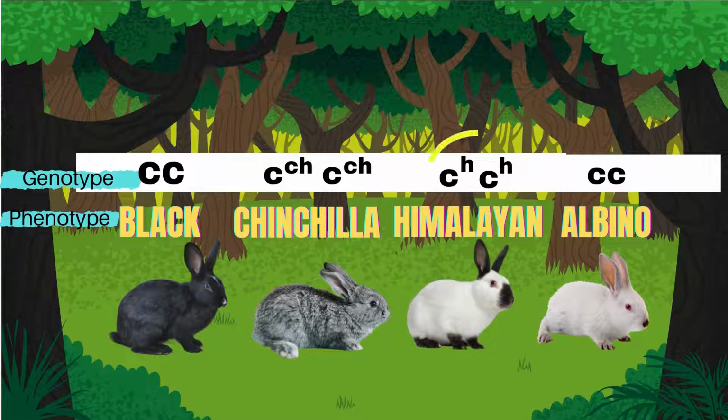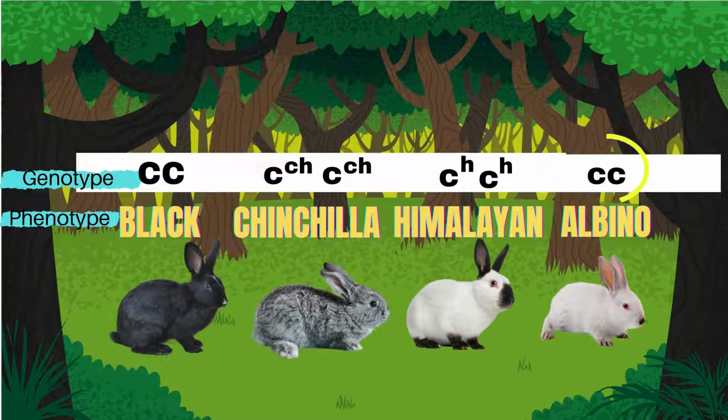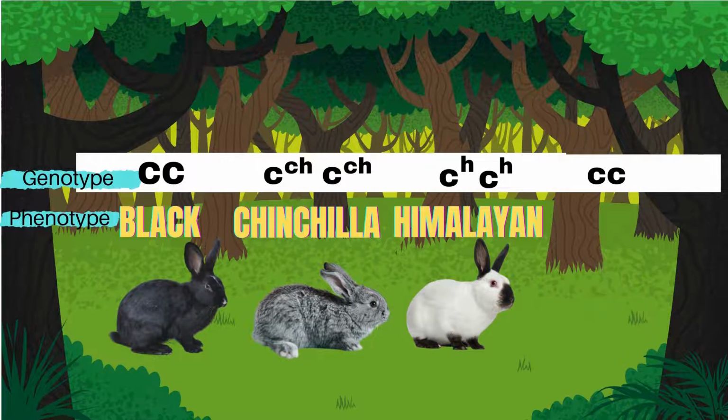The third organism has the genotype of lowercase c with superscript h, lowercase c with superscript h, and the phenotype is called Himalayan. And for the fourth organism, the genotype is small letter c, and the phenotype is called albino.